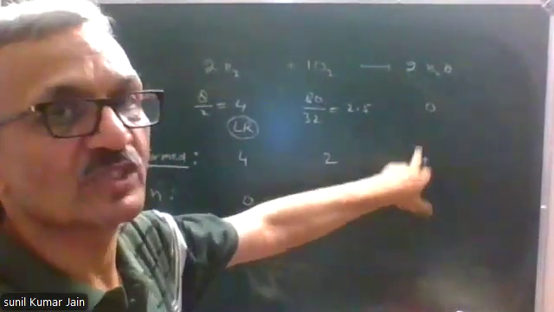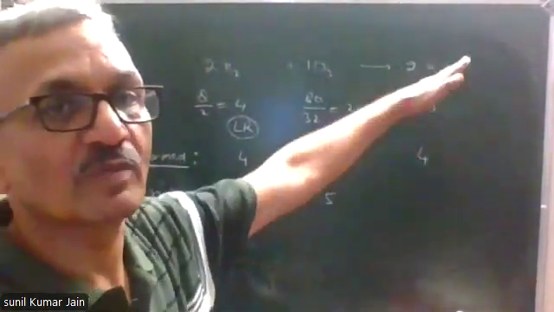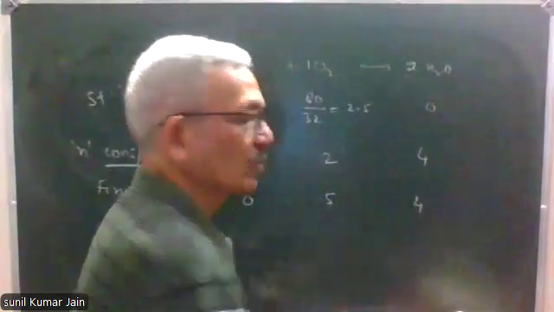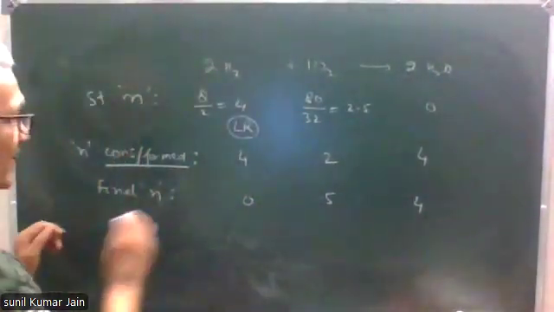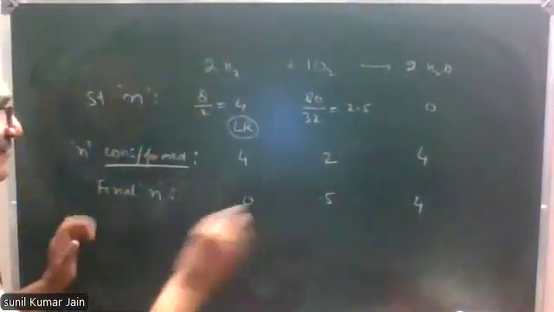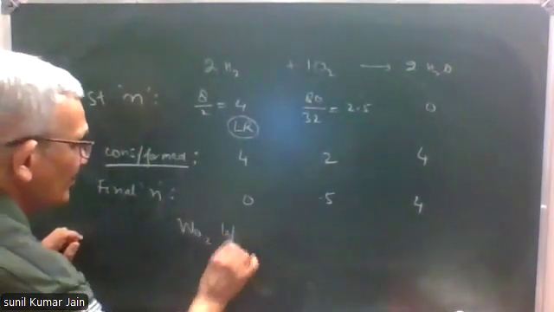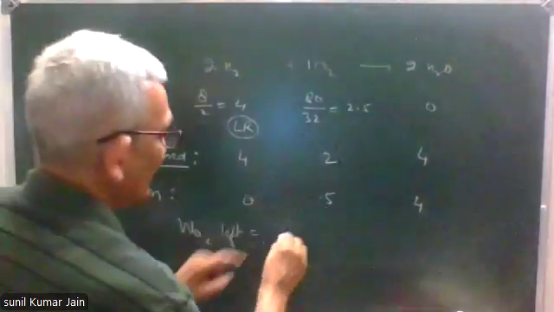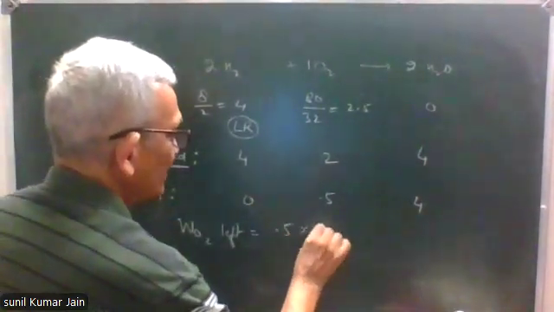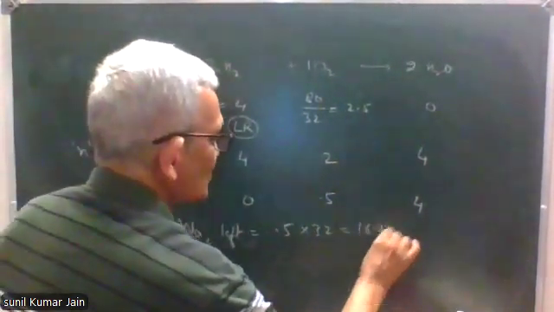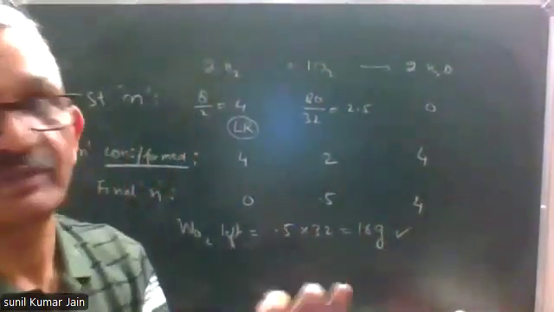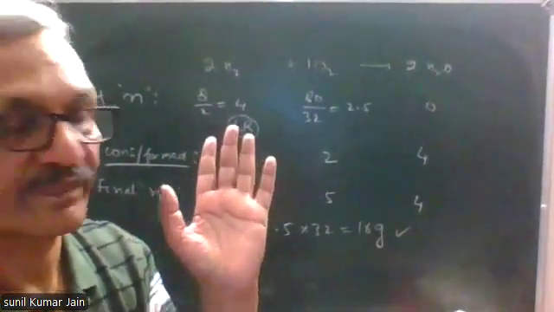Final, we have 4 moles. Initial was 0. 4 minus 0, 4 moles. Now, after the reaction, weight of oxygen left is 0.5 mole into molecular weight, 16 grams of oxygen will be left after the reaction.